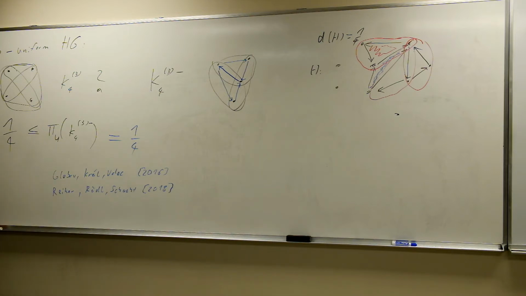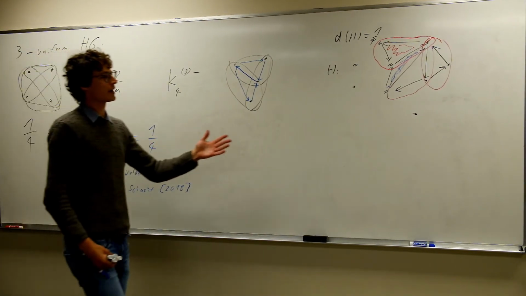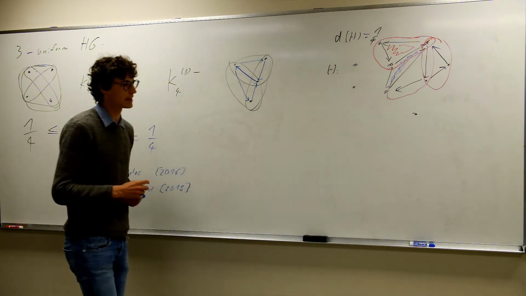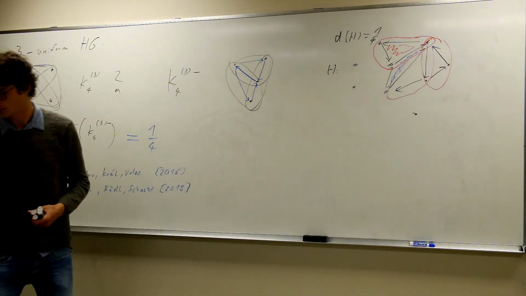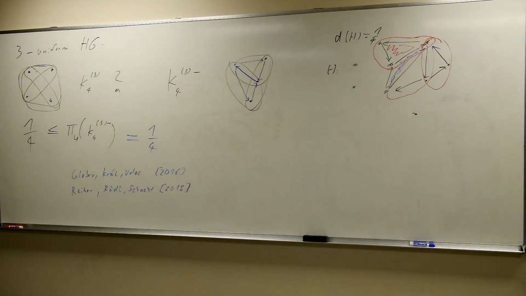Okay. So I've shown you a way to obtain a lower bound in this case, and I like to spend a bit more on showing you how to obtain lower bounds.